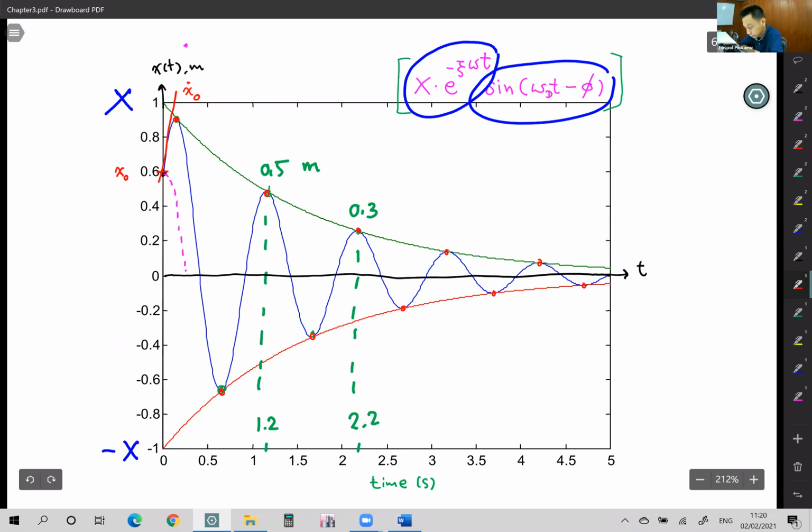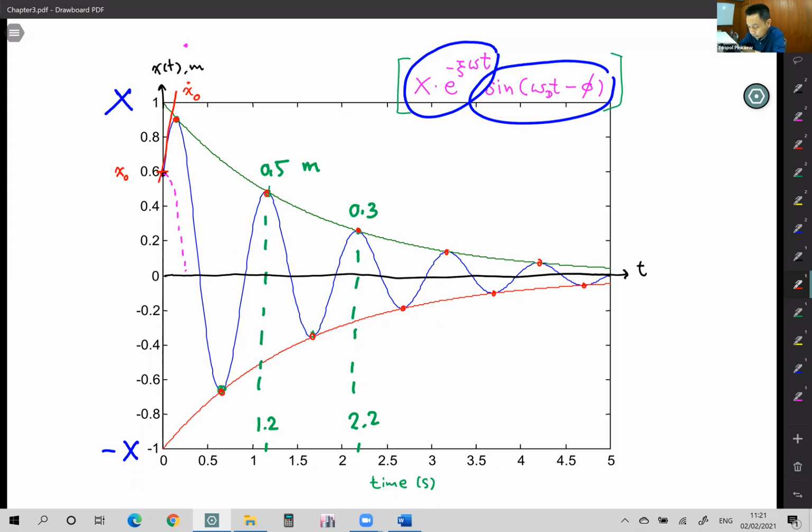You see the amplitude of the vibration decays with time, from maybe 0.9 here, I don't know, 0.9-something to 0.5 to 0.3 to maybe 0.2 to maybe 0.1, and keeps getting smaller, and I think it goes to zero at the end when time goes to infinity.